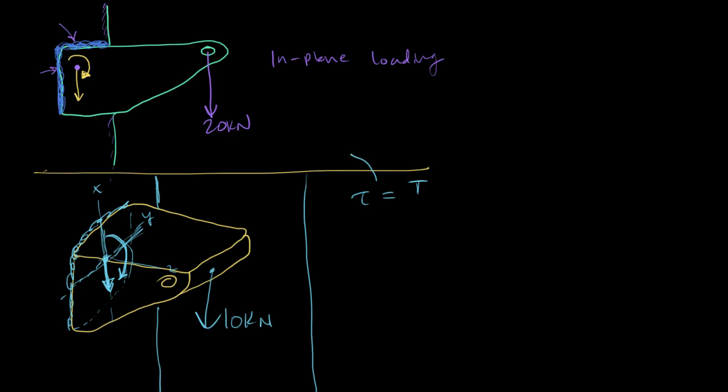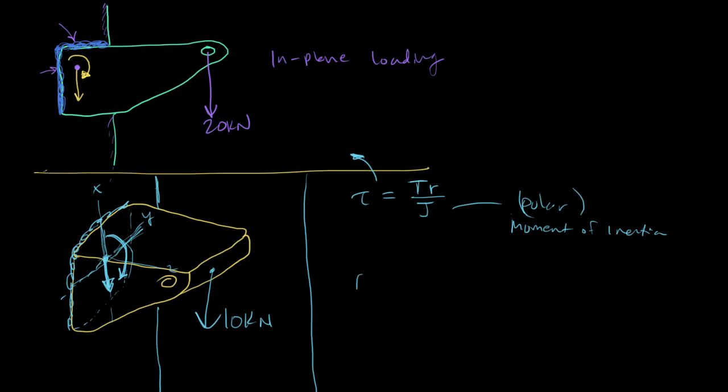So this relates to the in-plane case where we want to find the shear stress, and that's the torque times the distance to where it's applied from the centroid over J. This J is the polar moment of inertia.